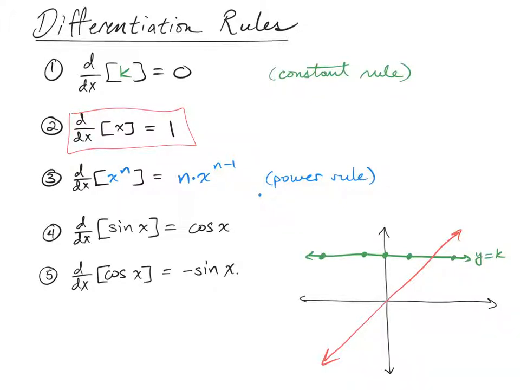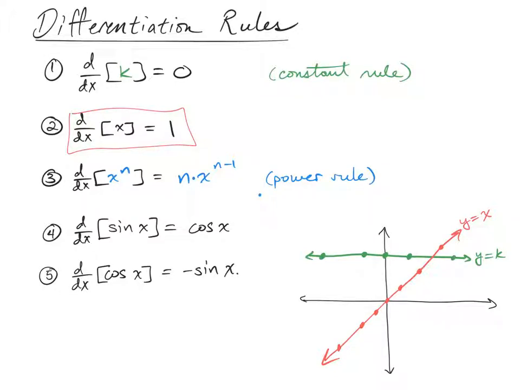If you have the line y equals x, well, since it's again a linear function, any point you pick along this line, when you have a tangent line placed at all of these points, the slopes of all of those tangent lines will be 1. And so you can do something similar.